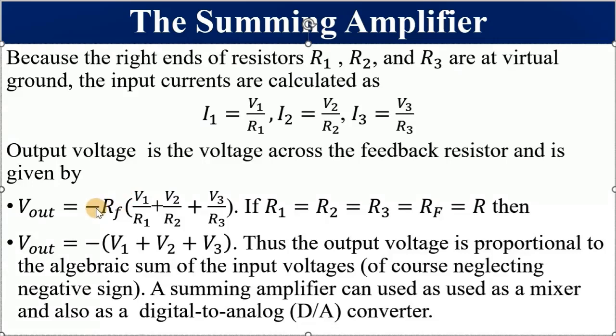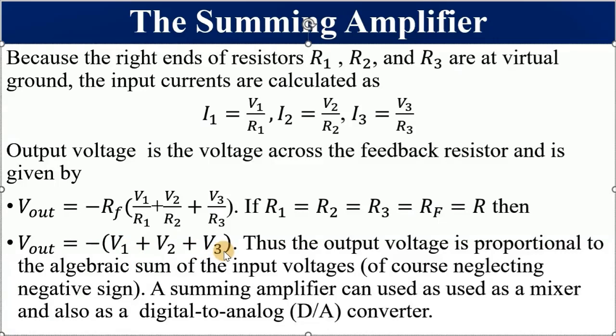Because we are feeding our input signal to the inverting input, so the output will be out of phase with the input. If R1 is equal to R2 is equal to R3, and is equal to R, this means that all these resistors have the same value as the feedback resistor. If we take them outside the brackets, we'll be dividing Rf by Rf, meaning that our output voltage will be equal to minus the sum of the input voltages.